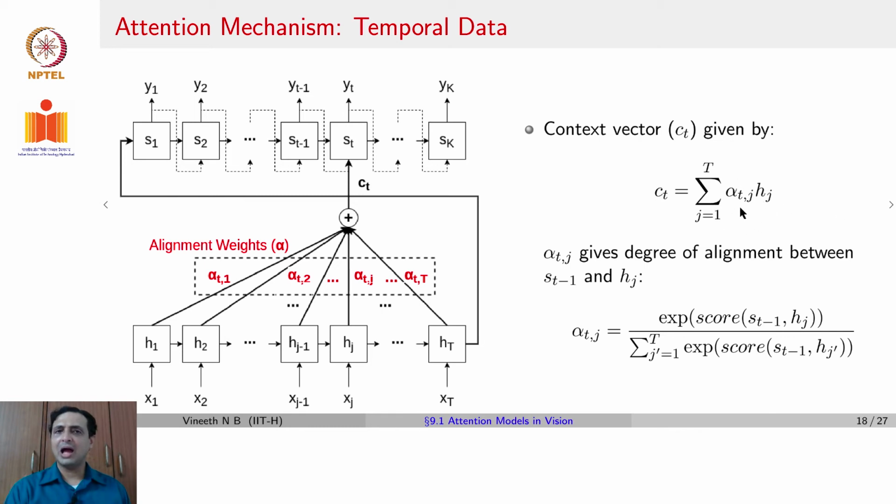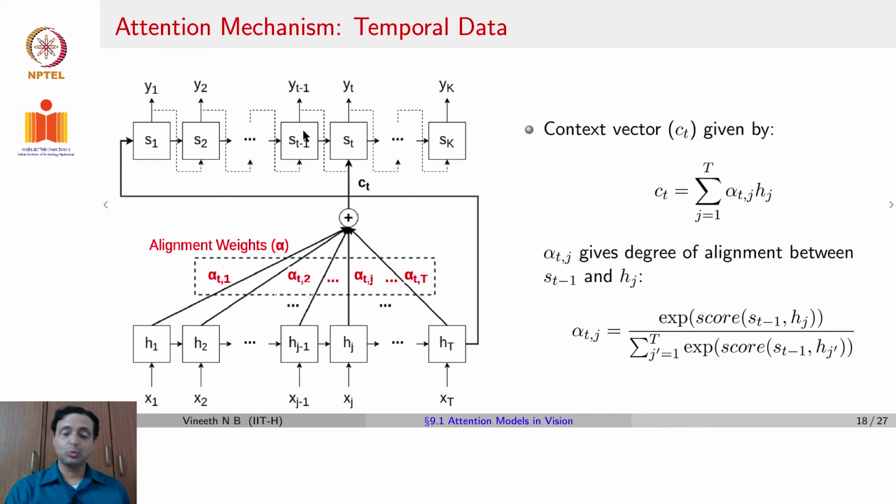How do you find alpha tj? How do you find those weights of the different inputs? A standard framework for doing this is that alpha tj can be obtained as a softmax over some scoring function that captures the score between st minus 1 and each of the hidden states in your encoder.